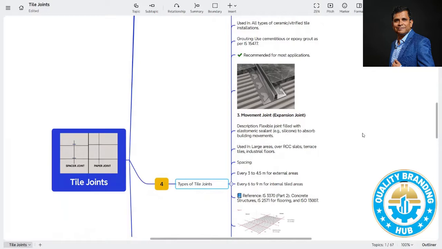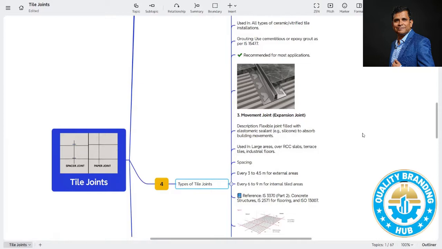These are a special type of joint that we need to provide as per the structural requirement. You can use them in large areas over RCC slab, terrace tiles, and industrial floors.